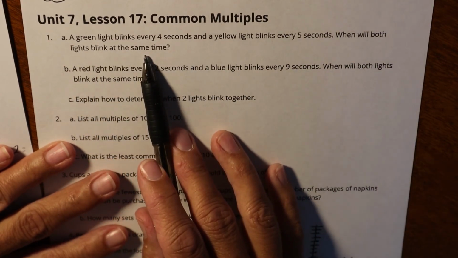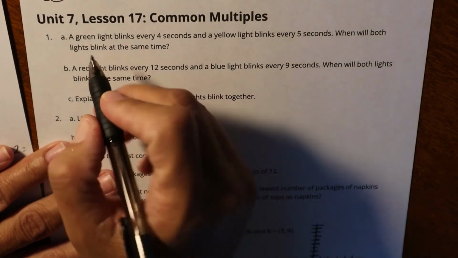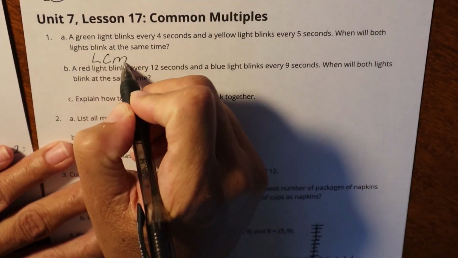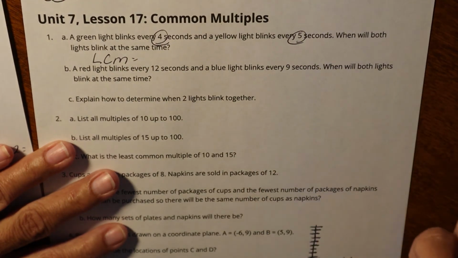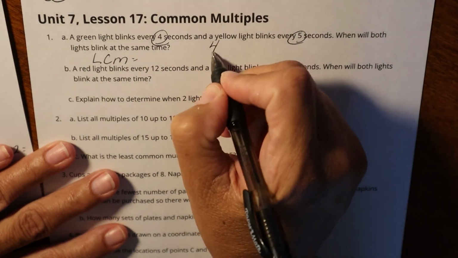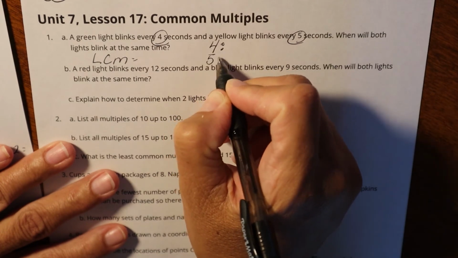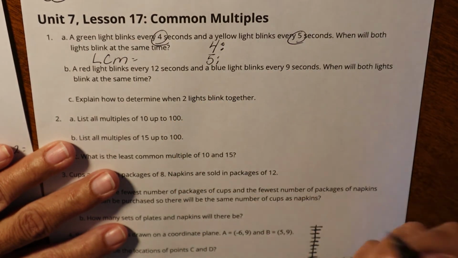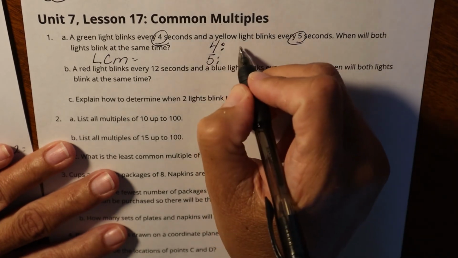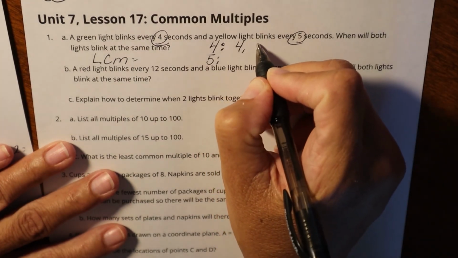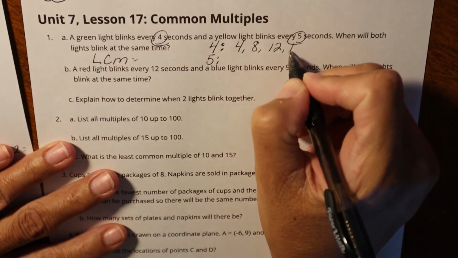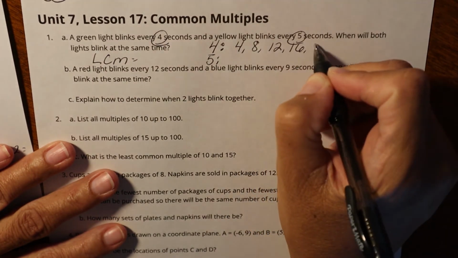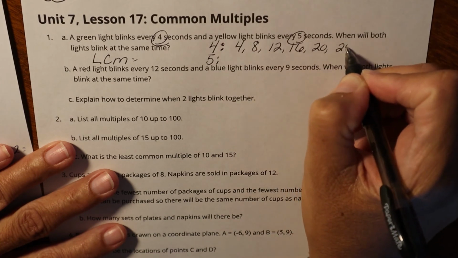This means it's a least common multiple problem. So we want to find the LCM between 4 and 5. Let's make a multiple list because they're little numbers. I usually tell my students to go out to multiply by 6 and see if you can find anything. So 4 times 1 is 4, 4 times 2 is 8, 4 times 3 is 12, 4 times 4 is 16, 4 times 5 is 20, and 4 times 6 is 24.